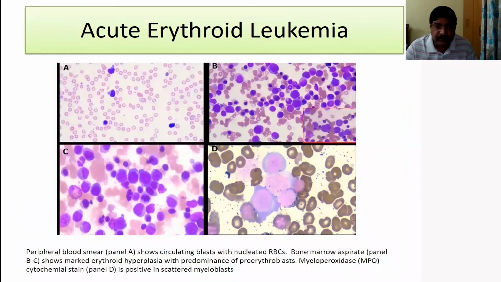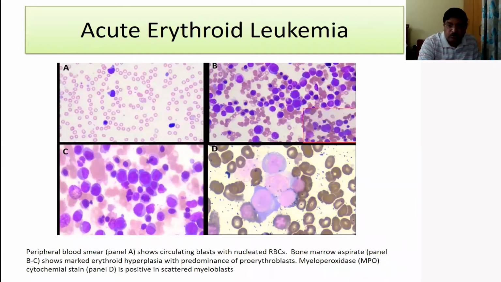So sometimes you will have acute erythroid leukemia. In the 2017 classification, you have it as pure erythroid leukemia, whereas in 2022, they have removed this pure erythroid leukemia. So it is morphologically defined if they are all erythroblasts, which are more than 90% of the bone marrow cells.